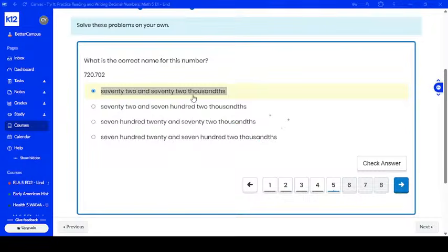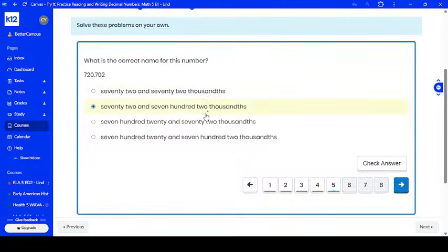Never mind. Okay. What is the correct answer? Is it A? Wait. Is it A, B, C, or D? What's the answer for this question?